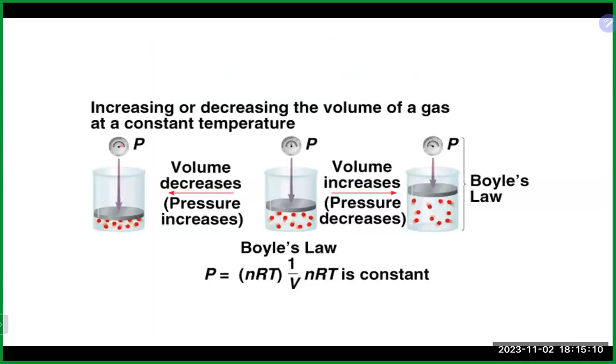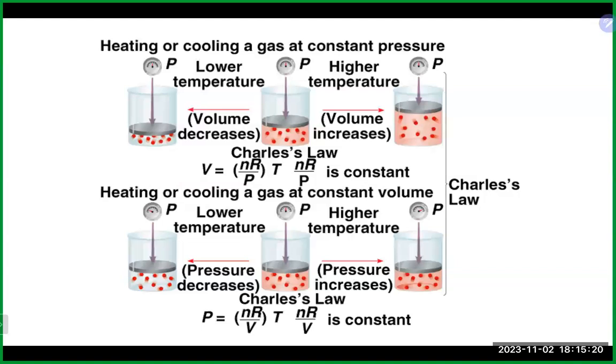So some of the relationships that we've been looking at: volume decreases, pressure increases, and vice versa. Volume increases, pressure decreases, which is Boyle's Law. We see volume decreasing at lower temperatures and increasing at higher temperatures. That's Charles's Law, again keeping the pressure constant.